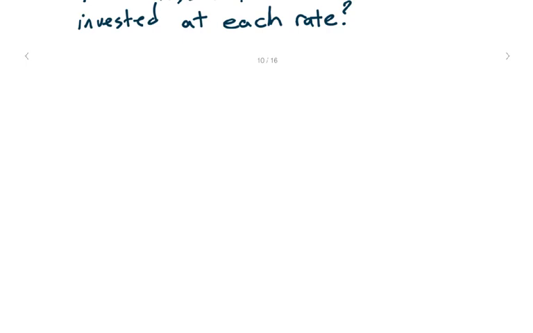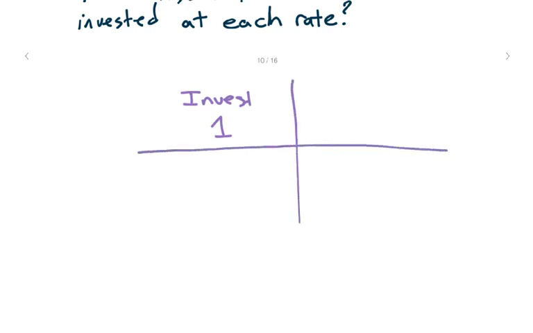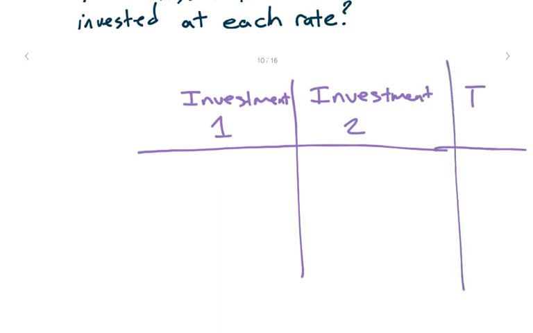Well, you're investing two things, right? So we'll call it investment 1, and then investment 2, and then we'll squeeze in total here.